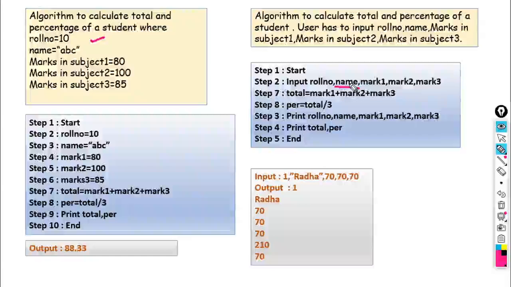In these 3 examples we have seen how to write the steps when constant values are given, and how to write the steps when the values are accepted from the user. Okay, so these are the basic examples.